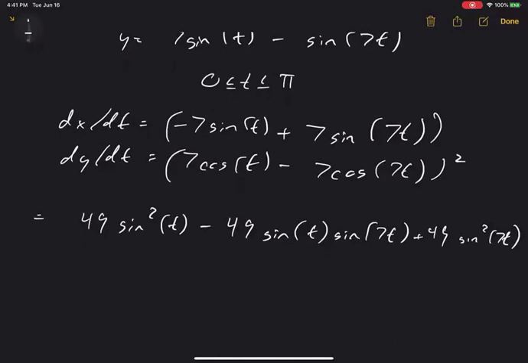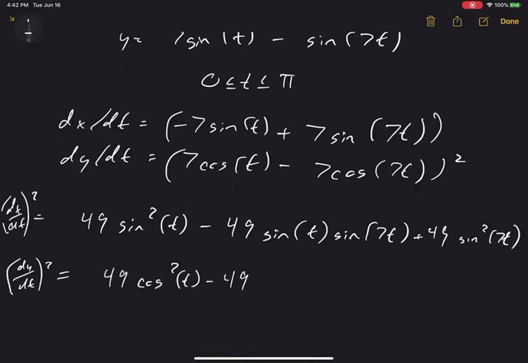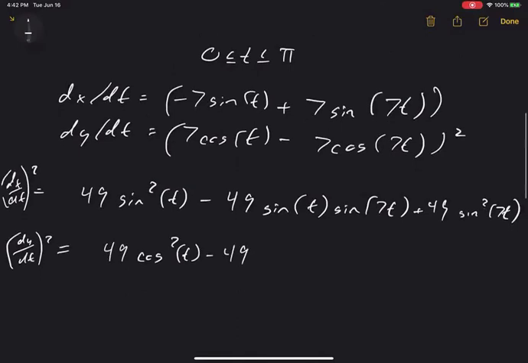All right, so that's dx dt squared. What's dy dt squared? Well, that'd be 49 cosine squared t minus 49 cosine t cosine 7t plus 49 cosine squared 7t.